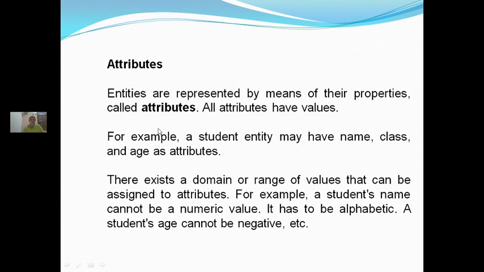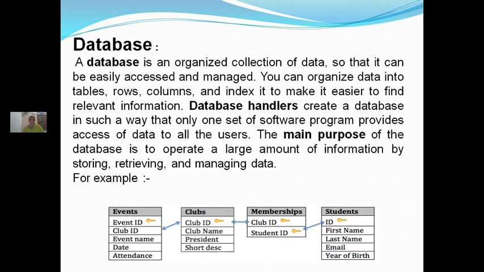Attributes. What are attributes? Entities are represented by means of their properties called attributes. For example, the column name. Now you have a table called student. Previously we discussed that students is a table, which is nothing but an entity.